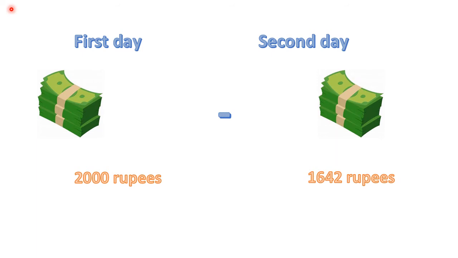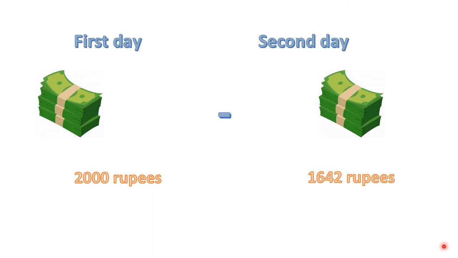So on the first day he deposited 2000 rupees, and on the second day he took out 1642 rupees. Now we have to calculate how much money he has in total after carrying out this action.